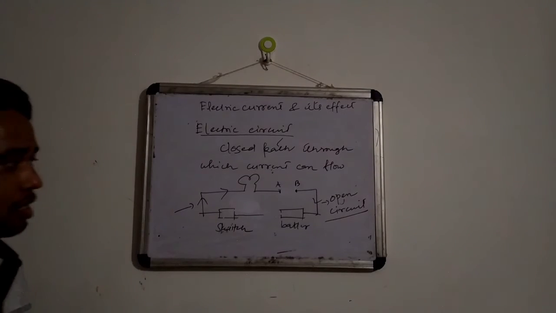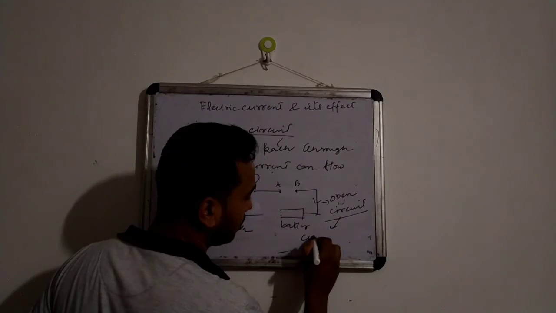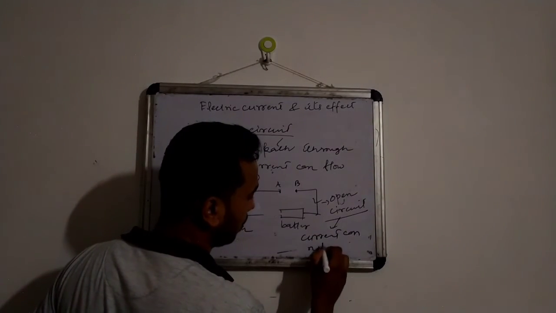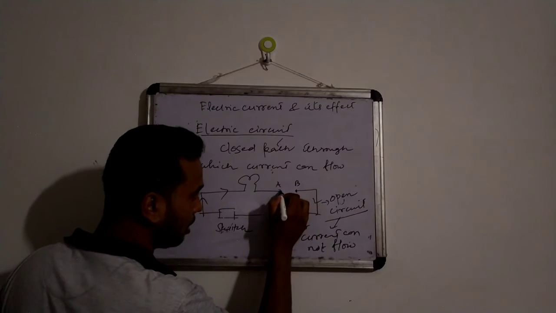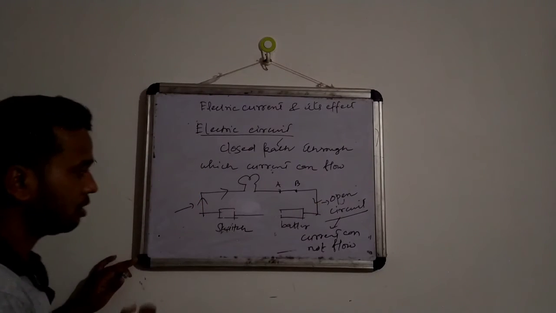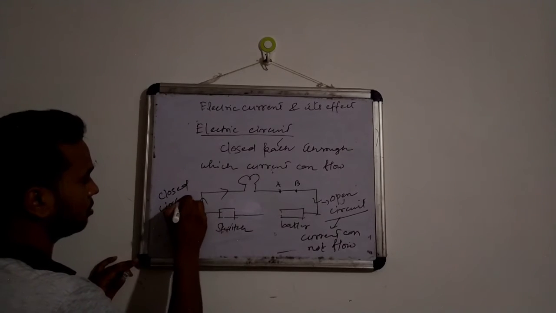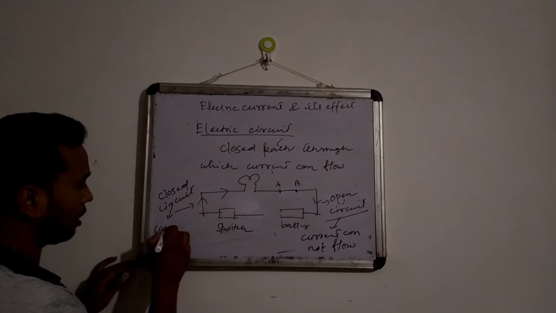Okay, open circuit, because there is a breakdown, and in an open circuit current cannot flow. But if we connect A and B by a wire, then we call it a closed circuit, and in a closed circuit current can flow.